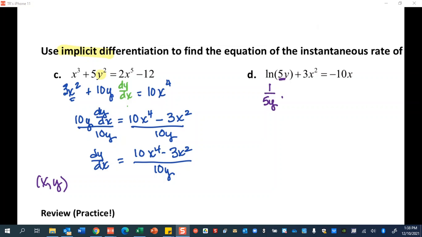So the natural log of 5y is 5, say it with me, dy/dx, plus 6x is equal to negative 10.